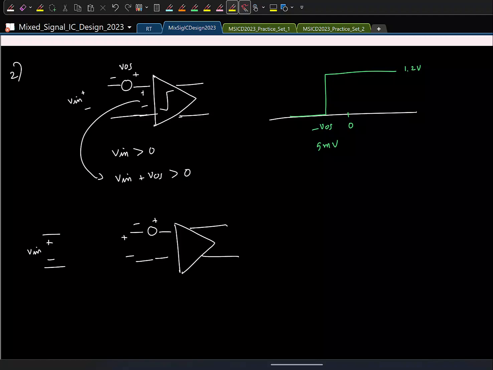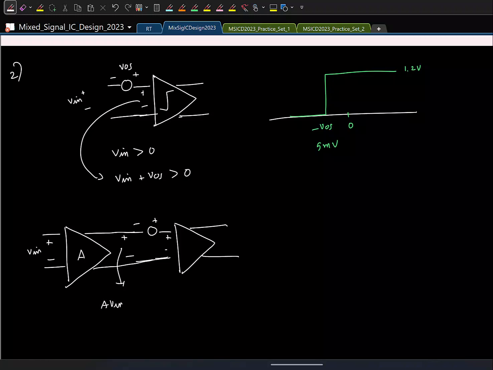We can basically amplify it, right? The logic is this: if I know that the differential input given to the comparator is large enough, the offset will not create a lot of issues. So you basically go and amplify this upfront. So now, if this is V in, what is the signal? A times V in.